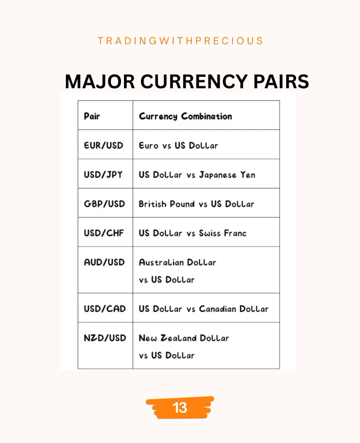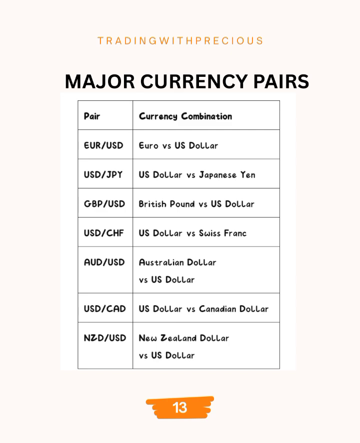What I just finished explaining was the major, the minor, and the exotic currencies. Now to the major currency pairs. We have the Euro USD, which is the Euro versus the US dollar.